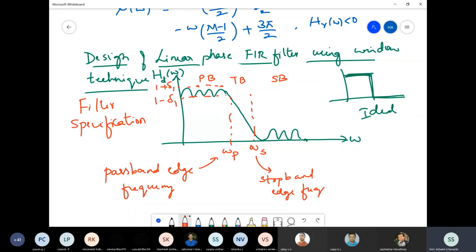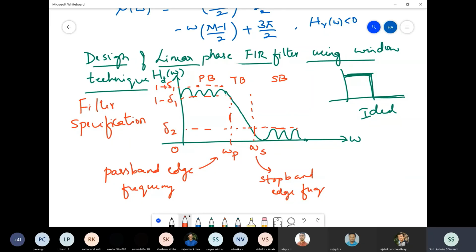Taking 20 log of the magnitude gives the decibel scale. Here it is the magnitude response, so this value here is 0, the origin. Then the ripple in the stop band is represented as delta 2.